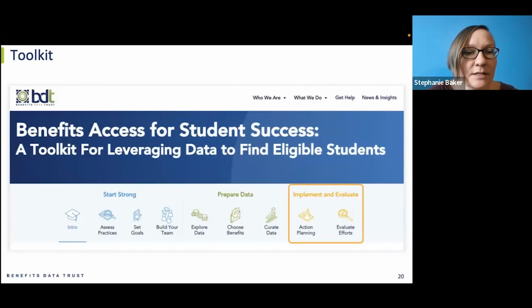And then lastly is our Implement and Evaluate section. The action planning tool gets into a list of specific steps to plan and implement this work, while the evaluation tool is a resource for documenting learnings as well as what could be improved for future efforts. So I'm going to preview 3 of our tools here for you today, but of course, we hope you dive into them more deeply on our website if you haven't already.